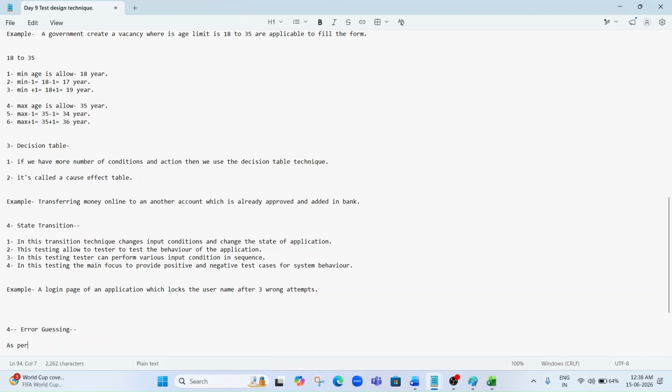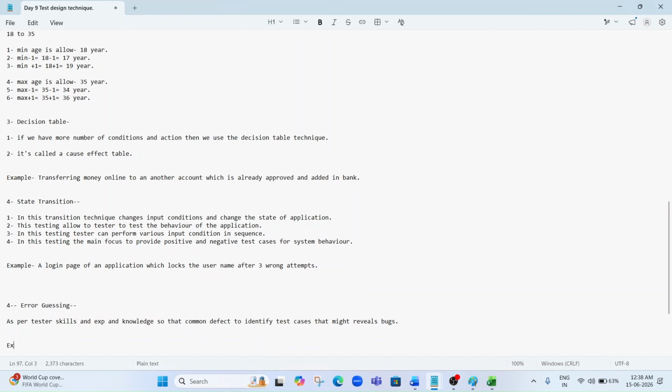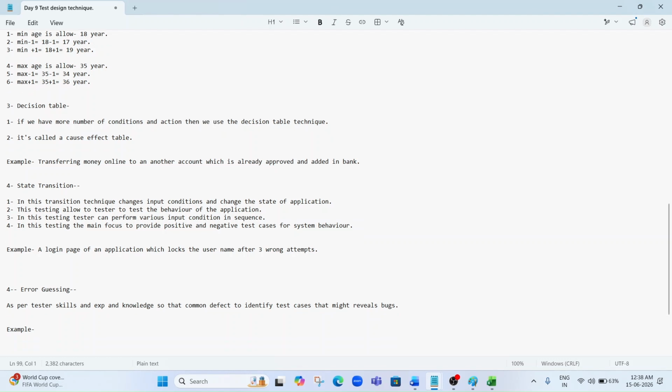So as per the tester's skills, experience, and knowledge of common defects, they identify test cases that might reveal bugs in that application. Okay, so the example, this is also a live example.